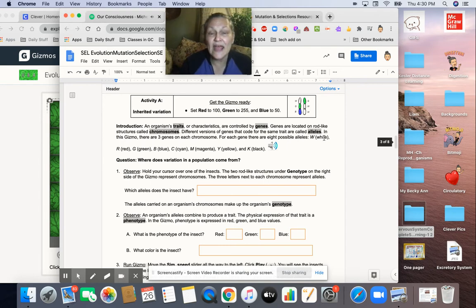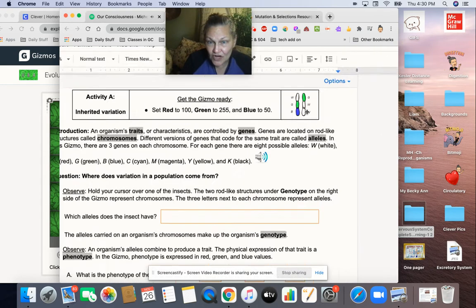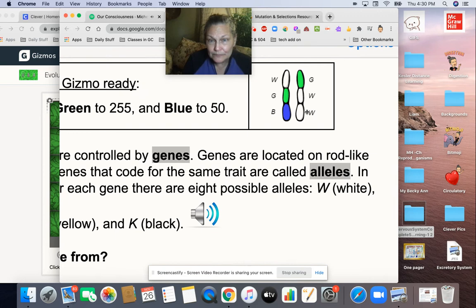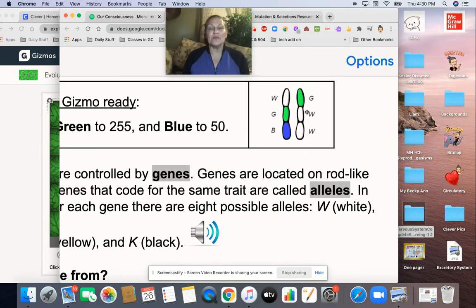So let's look at this structure right here in the upper right-hand side. So this is a pair of chromosomes, right? Got one from the mama, one from the daddy. We don't know which one gave what. It doesn't even matter, but you know that you get half of your DNA from your mom, half of your DNA from your dad, because this organism, like us, sexually reproduces.